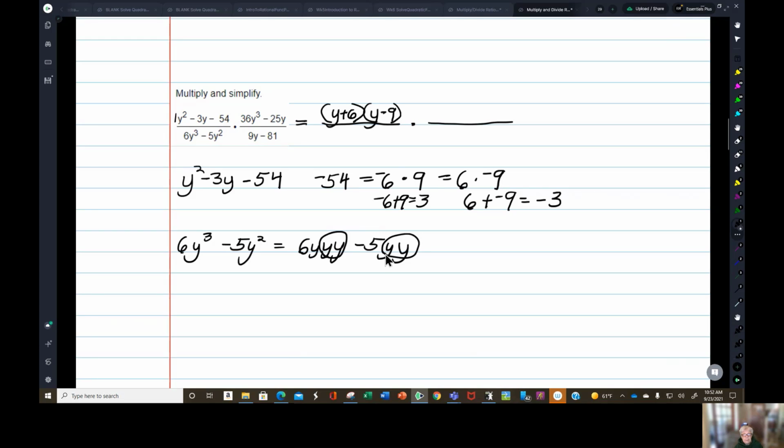That's my GCF. I pull it out to the front, y times y is y squared. And then I'm going to be left with 6y minus 5.